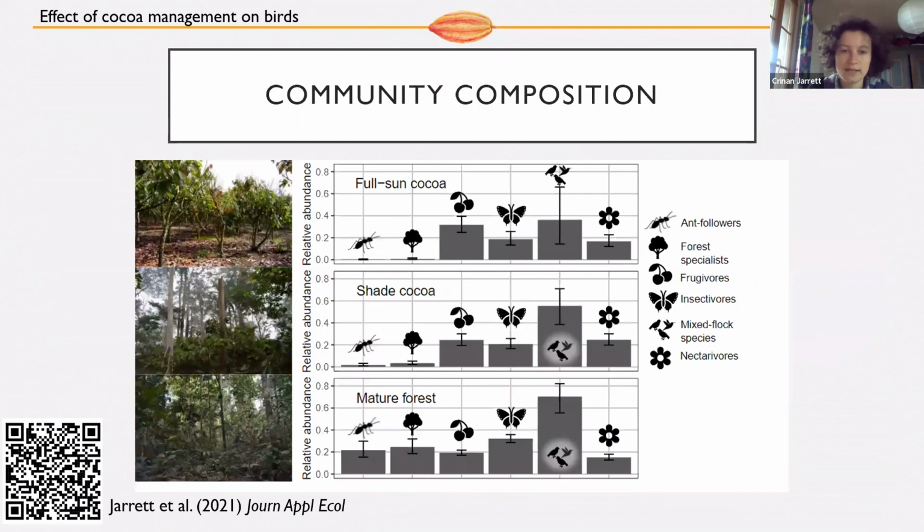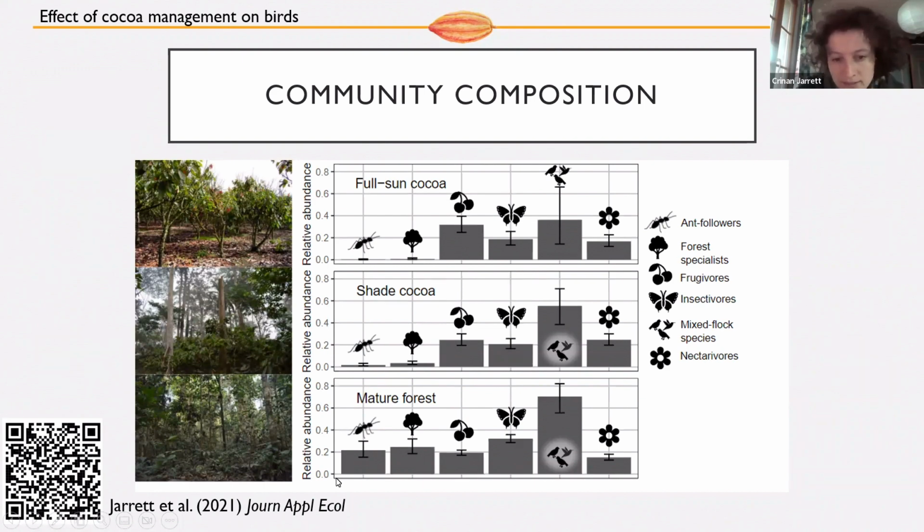So then I looked at how the relative abundance of these different guilds varied between forest and 2 types of cocoa farm: the shady cocoa, so low intensity agroforestry, and then the full sun intensified cocoa. On these plots, on the y-axis, we have relative abundance, so the percentage of the community represented by each guild.